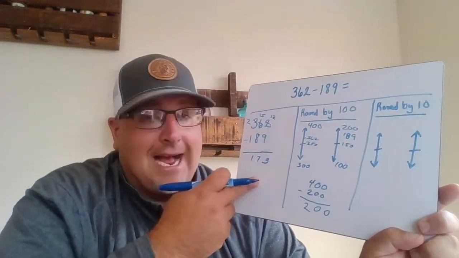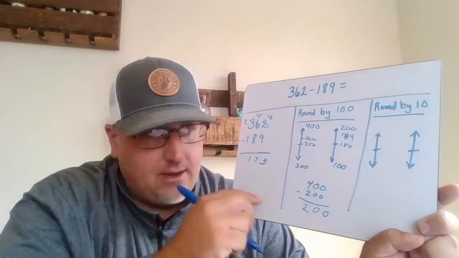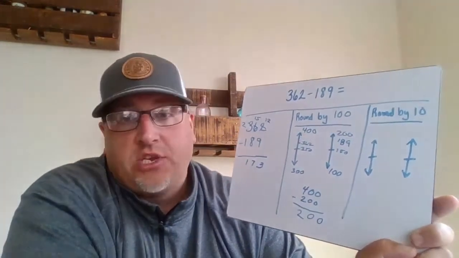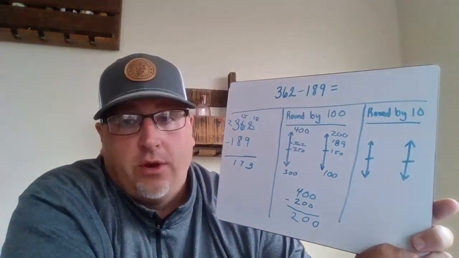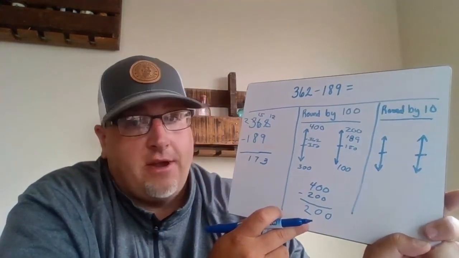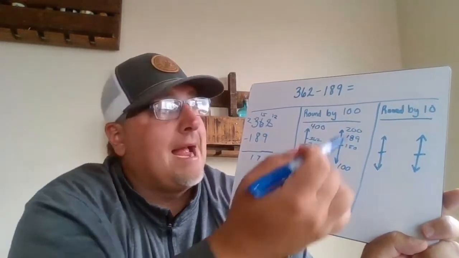Okay? It's a little bit different. I know, it's a little bit off, but that was what we did by just rounding it by 100. We got our answer of 200 right here. Let's do the same thing, but now let's round by 10.